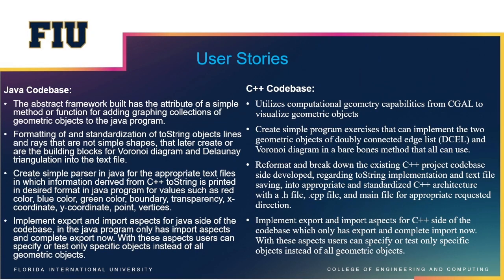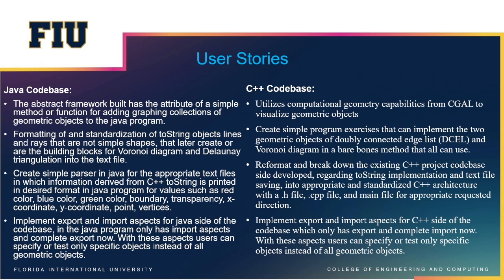So our user stories were split up by what language they were being done in, the Java side or the C++ side. On the Java side, we built out the framework with simple methods or functions to add these graphing collections of geometric objects.